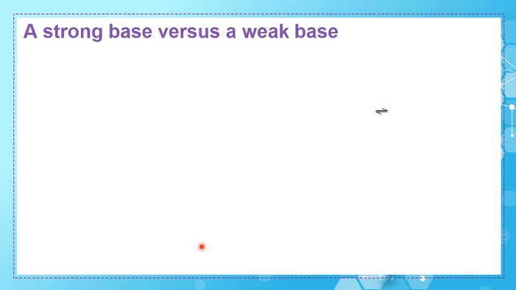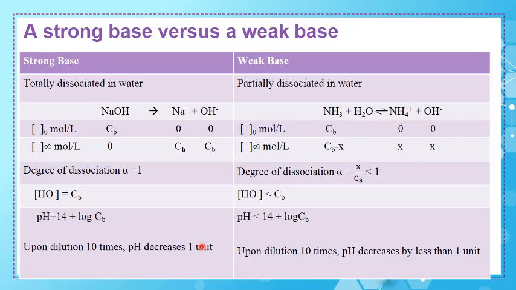Now what about a strong base versus a weak base? It's almost the same. A strong base is totally dissociated. This is the equation that is complete and direct. This is the concentration of the base at time 0 and at time infinite or final. No more base is left, and Na plus concentration is Cb and OH minus is Cb.